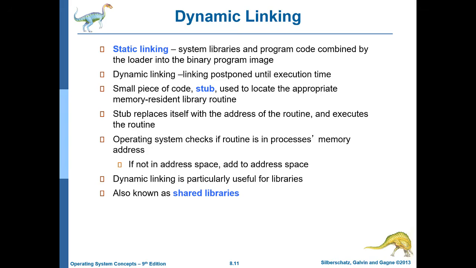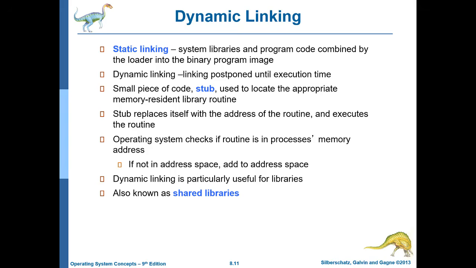Now the operating system will check if the routine needed by the process is already in the process's memory address space, then it will run the routine from there. If it is not in the address space, then it will add the routine to the address space.